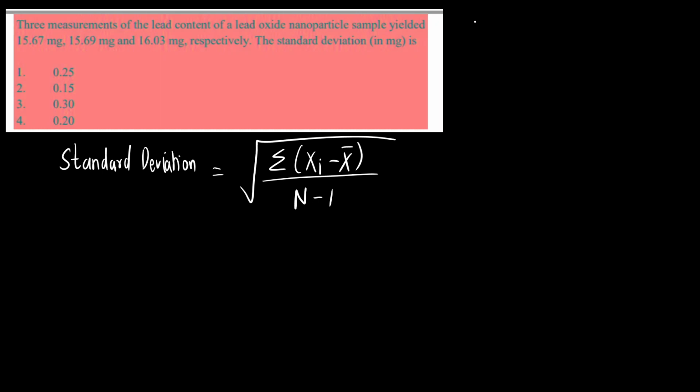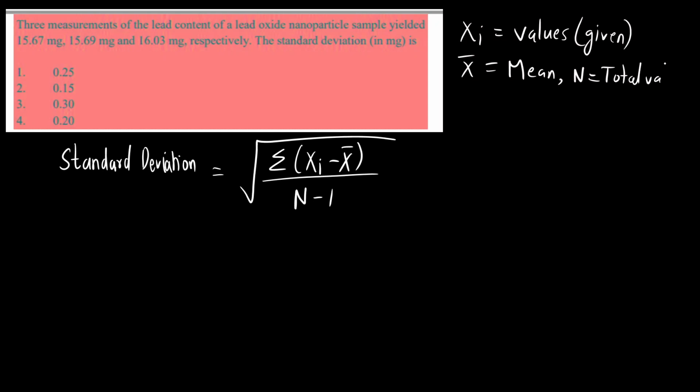What do all these stand for? xi are the values that are given. x bar is the mean. n is the total number of values given. Take the mod of this and then square. Then you have to do the summation. Summation means addition.